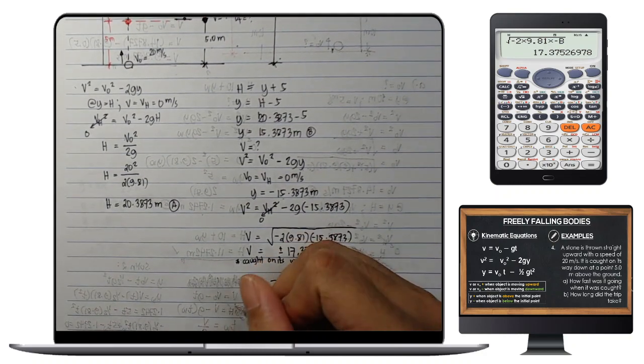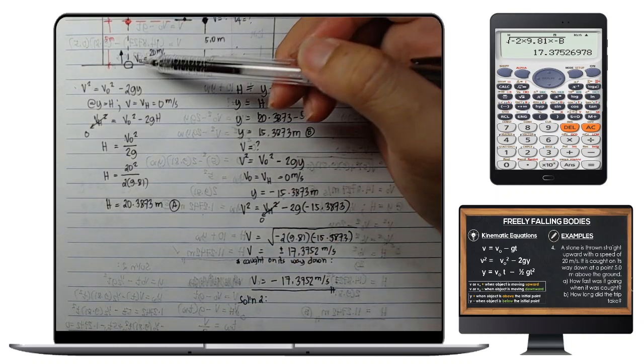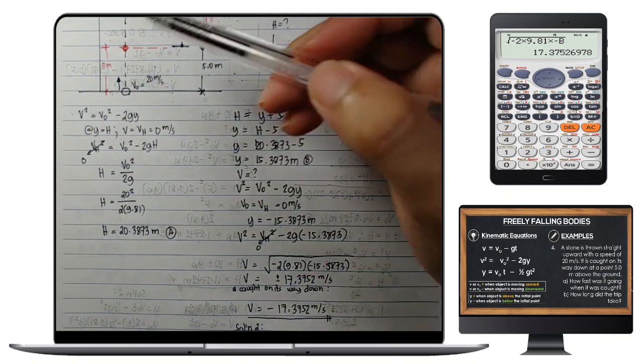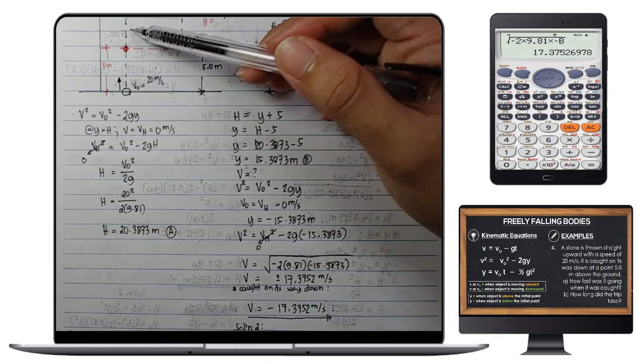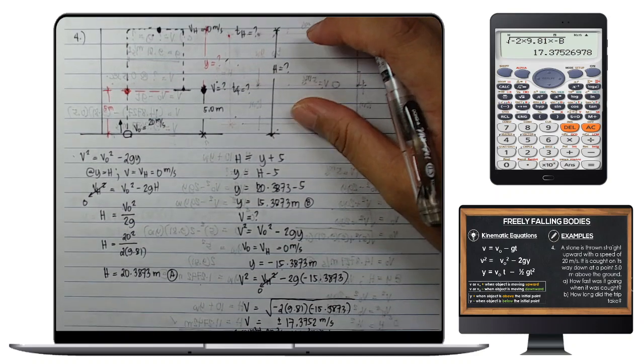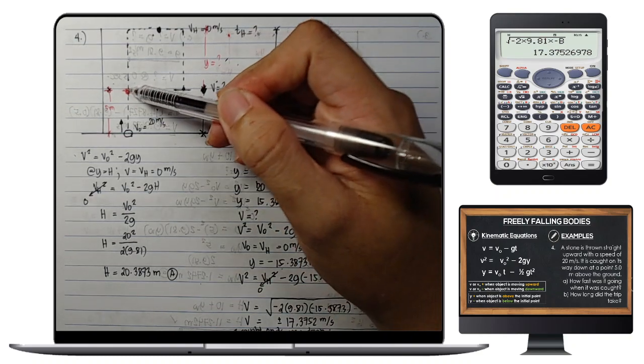So, for the second solution, yung sinasabi natin kanina, that from this point to this point, since the motion natin is going upward pa lang, we can use this 5 meter mark. Okay? So, dalawang velocity yung makukuha natin.